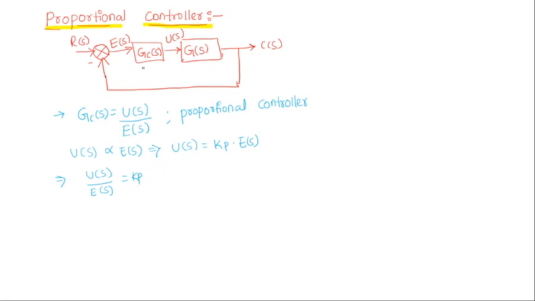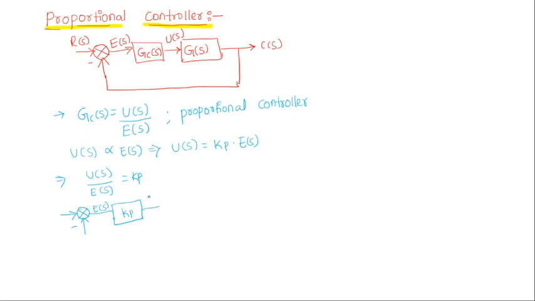So I am redrawing the above diagram by replacing Gc(s) with Kp. The input to the controller is the error signal, and the controller transfer function, U(s) by E(s), is Kp.